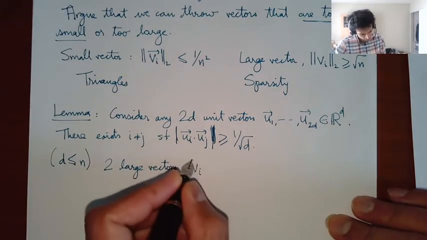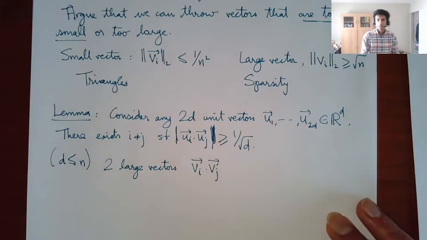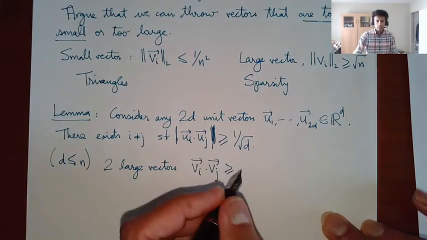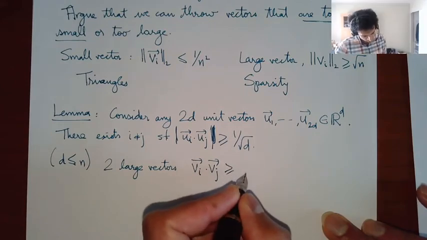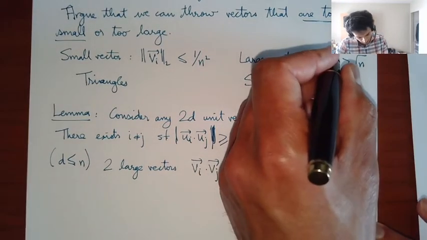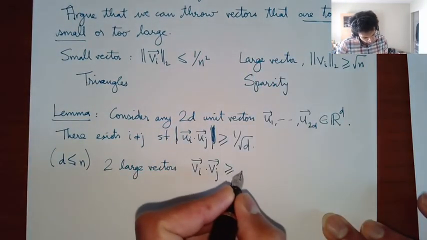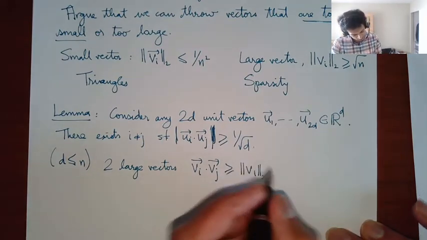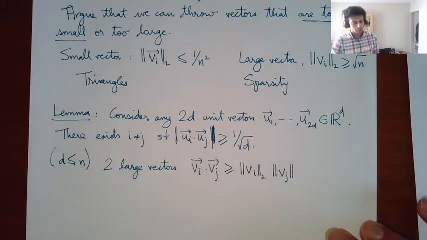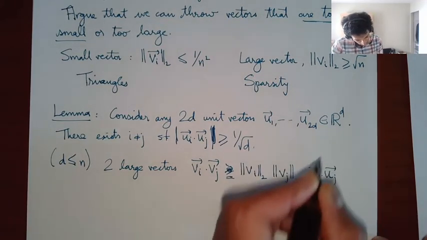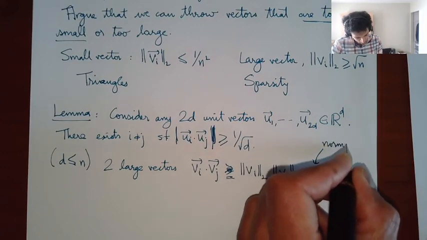So you have vi dot vj, and this is going to be at least, I can write this out as the length times the length of that times ui dot uj, where these are the normalized versions.